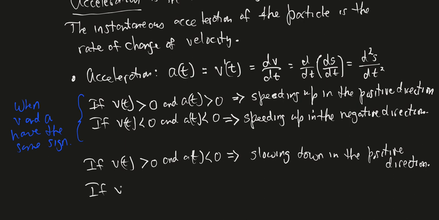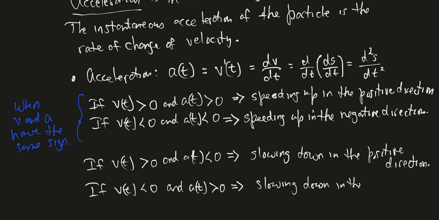So if your velocity is negative and a of t is positive, this means you're still slowing down, but now in the negative direction. So the object would be slowing down in the negative direction.